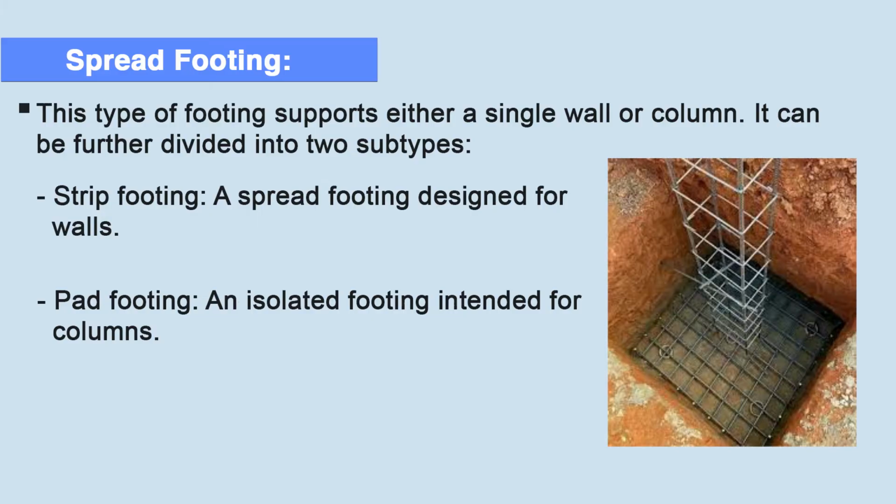First is strip footing, a spread footing designed for walls, and second is pad footing or isolated footing intended for columns. When a spread footing supports more than one column or wall, it is referred to as combined footing or strap footing. A mat foundation, also known as a raft foundation, is a continuous foundation unit in two directions, covering an area equal to or greater than the building's base area.